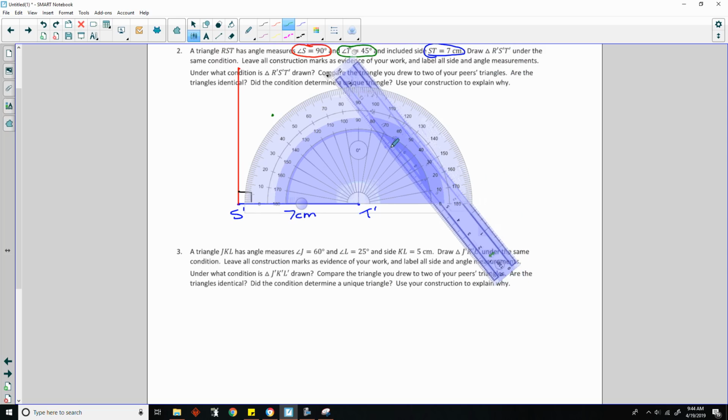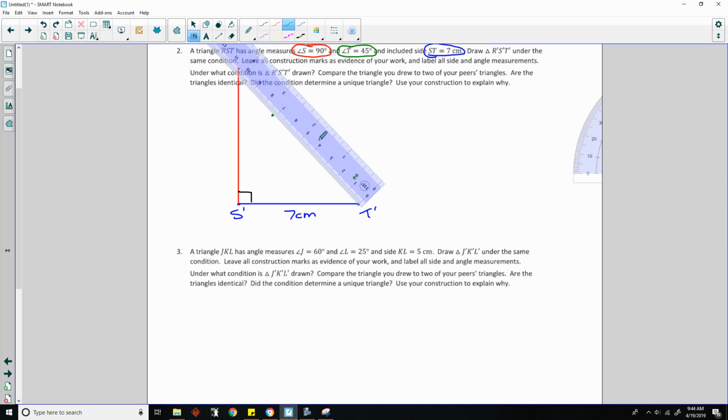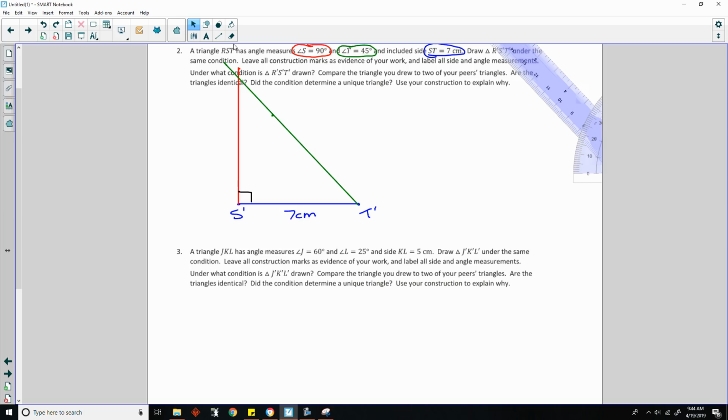Bring my ruler down to draw it. Okay. And I put the 0 right on there. It's going right through that point. Draw a segment up, and boom, there's my triangle. I need to label that. This is 45 degrees.